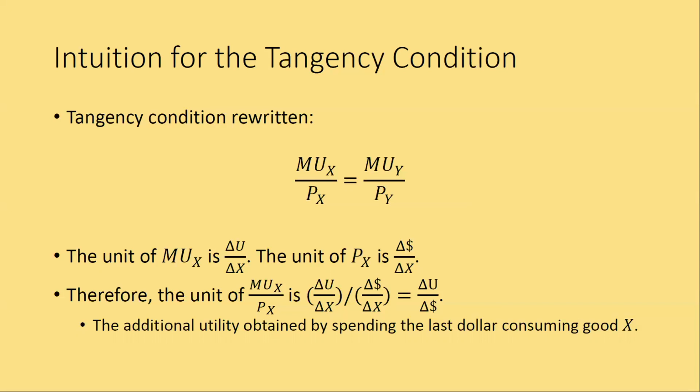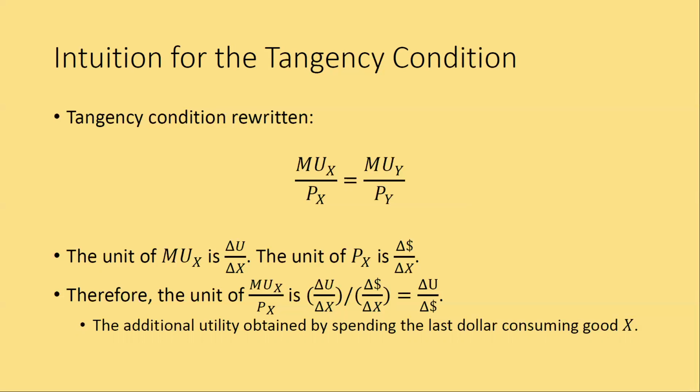If you make such an adjustment, by consuming less of good y, your marginal utility of good y will become higher, because marginal utilities are decreasing as your consumption of the good increases. And if you increase your consumption of good x by a little bit, your marginal utility of good x will decrease by a little bit.